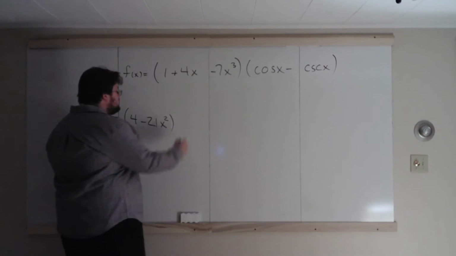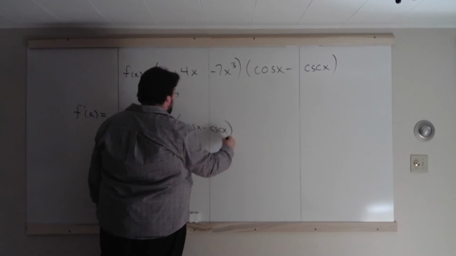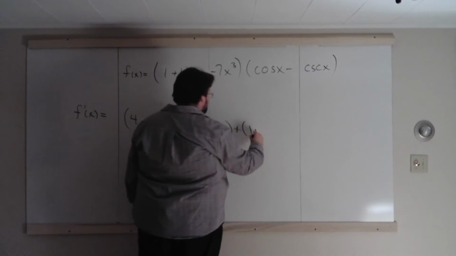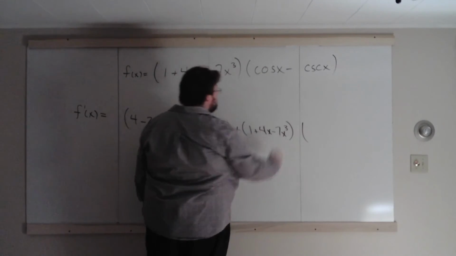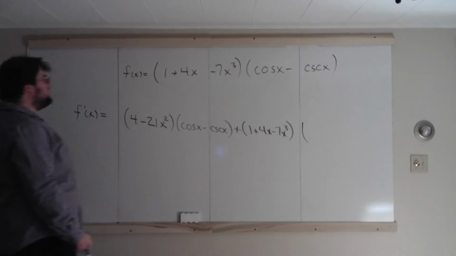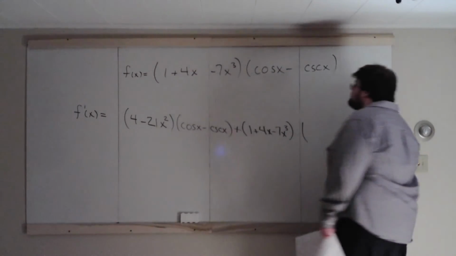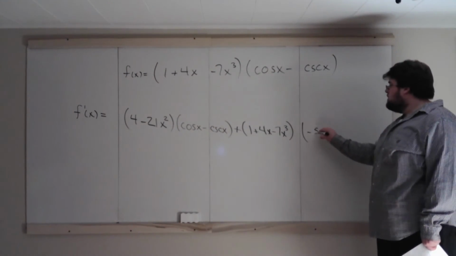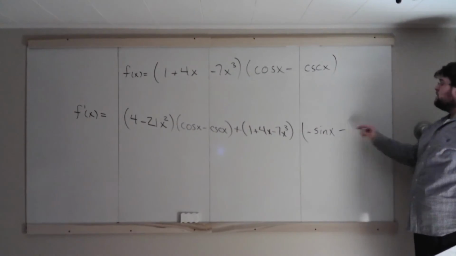So we have derivative of the first times the second, plus the first times the derivative of the second. What's the derivative of the second? A lot of negative signs here. Derivative of cosine is negative sine. Derivative of cosecant.